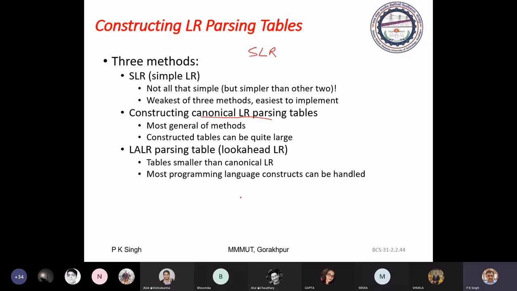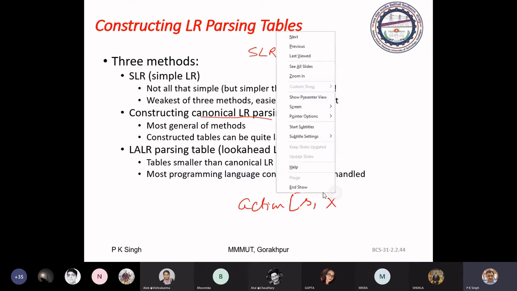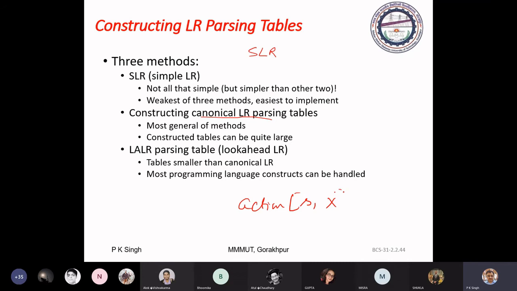Suppose for action of state S and input symbol X, there are 4 possible actions. So for this particular case, you may have shift shift, or shift reduce, or reduce reduce.